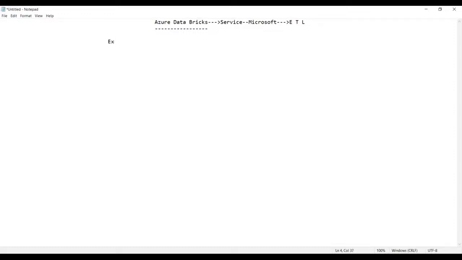extraction, transformation, and loading requires what? Yes, guys, you require two things. One is the source, another one is the target.